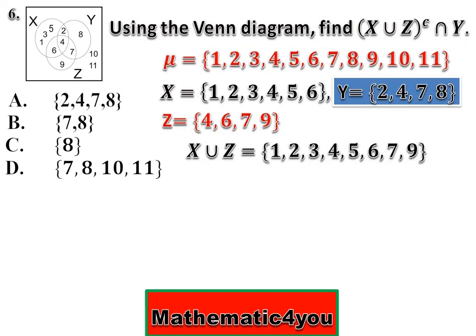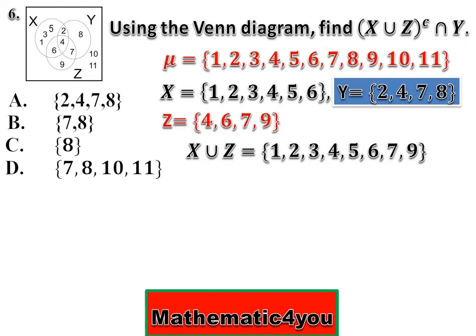You just take one of it. Like 4 is here and 4 is also there, so you just take one. Don't say 4 comma 4, no. So you have x union z is equal to what? 1 2 3 4 5 6 7 9. So you combine these elements, you put them together, and there's the result.